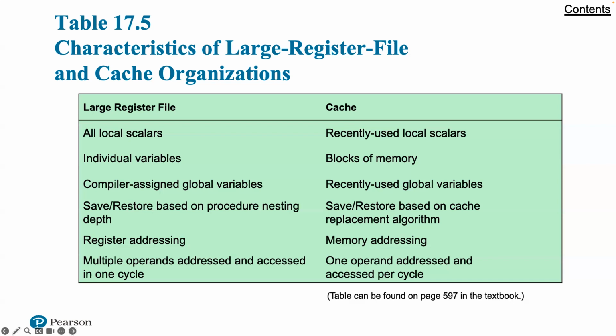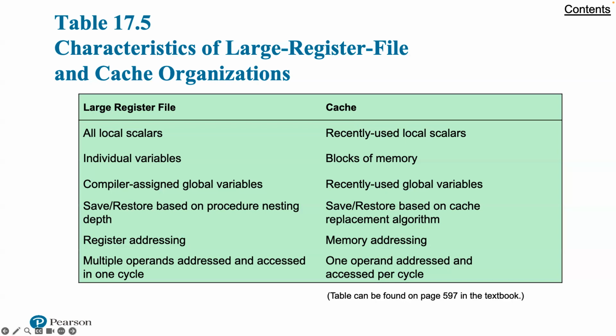Data are read into the cache in blocks, whereas a register file contains only those variables in use. The cache reads in a block of data, some or much of which will not be used. The cache is capable of handling global as well as local variables. There are usually many global scalars, but only a few of them are heavily used.